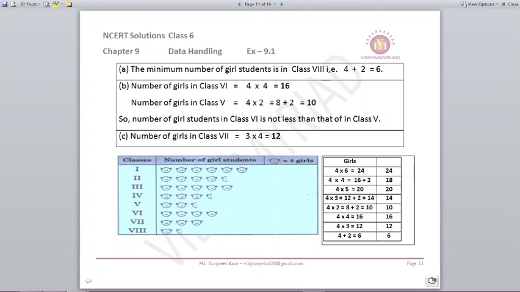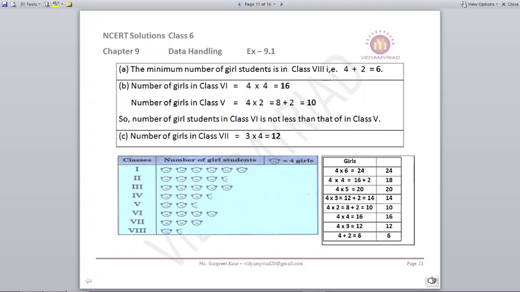Now if you see over here, each symbol is 4 girls. For the first class there are 6 symbols. So 4 multiplied by 6, there are 24 girls. Okay. For the second class there are 4 full faces. So 4 into 4, 16. And there is one shown half. So what does half represent?